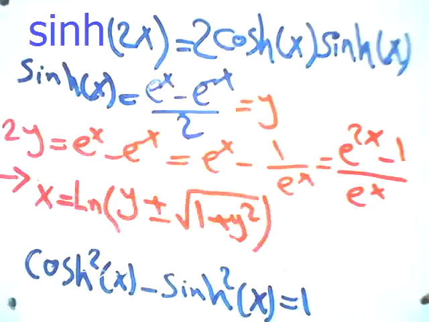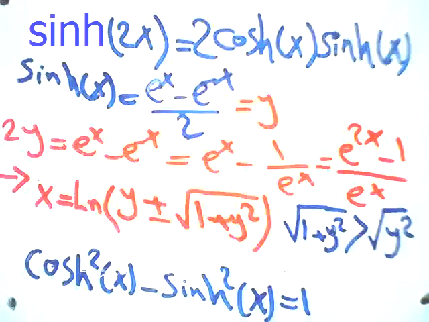The first one is when inside the parentheses we got y plus the square root. Now the square root of this is always greater than the square root of y squared, and the right side equals the absolute value of y.